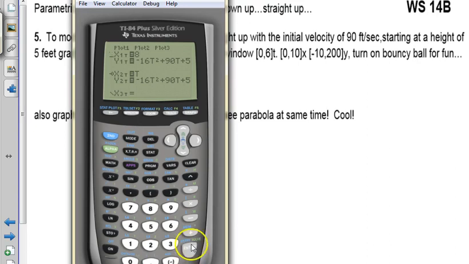And then what happens if I do it right? I don't have it turned on right. If you go to mode, guys, you want it to be simultaneous, not sequential. So then when I do it, it should show the path of the ball at the same time it's showing the parabola we're used to seeing. Just kind of cool to see it at the same time.